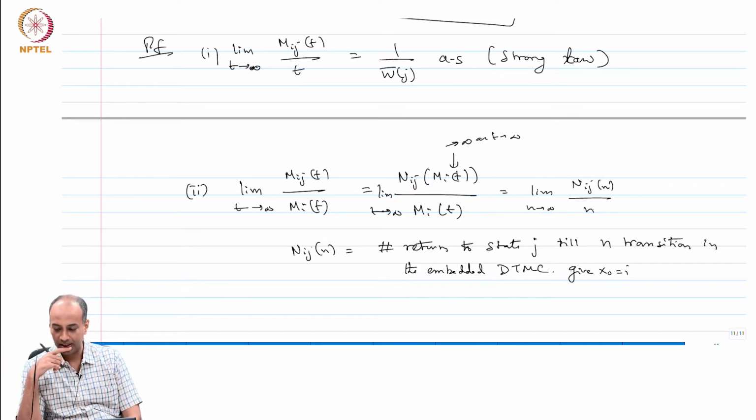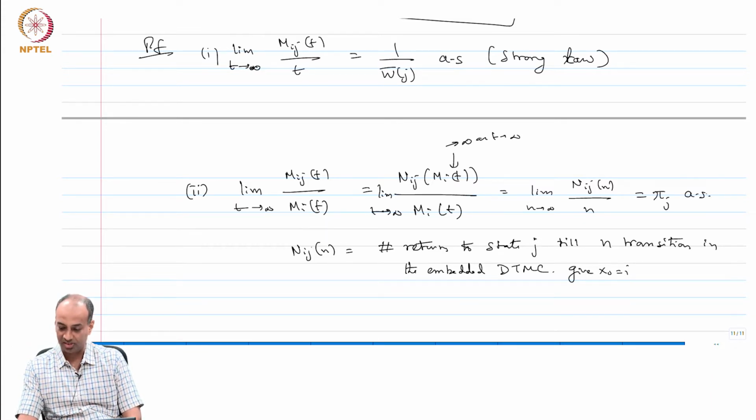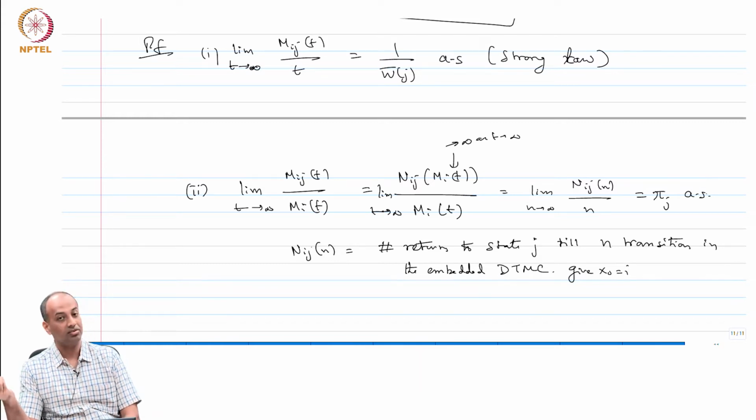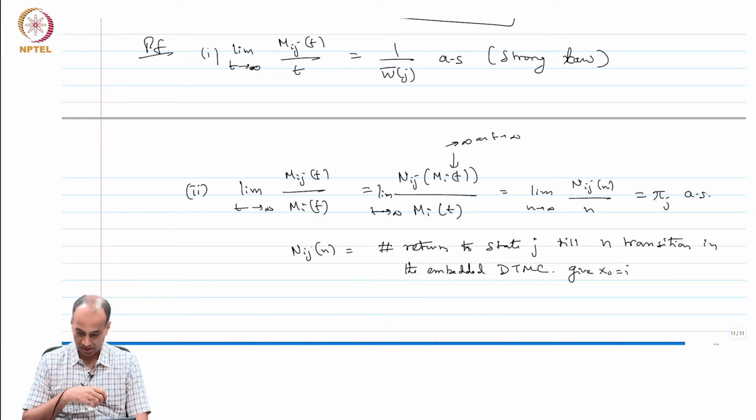Now, what is the limit as n tending to infinity of Nij of n over n? It is simply the fraction of transitions that go into state j in the embedded DTMC, and that we know is equal to pi j almost surely. So, that is very nice. This is number 2.